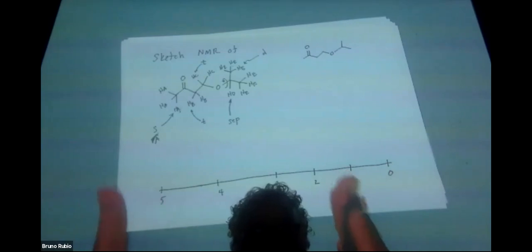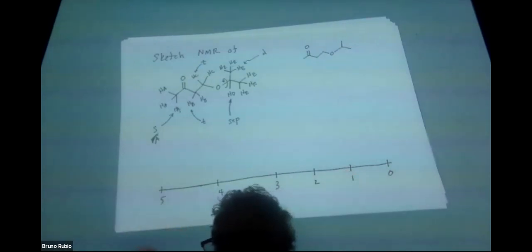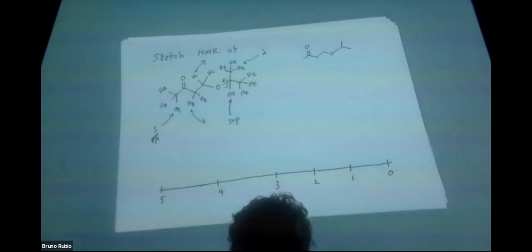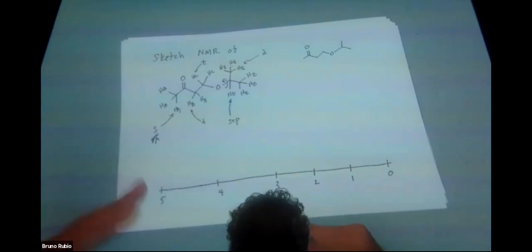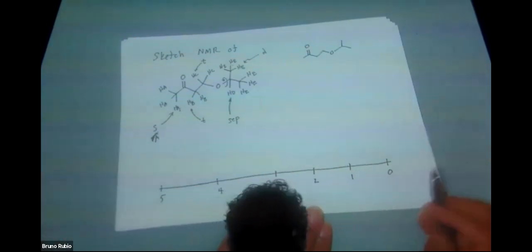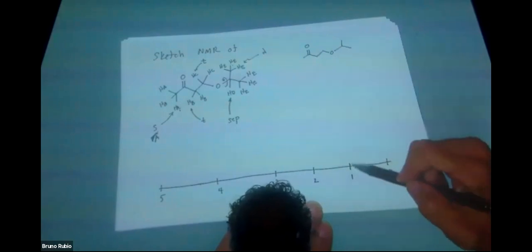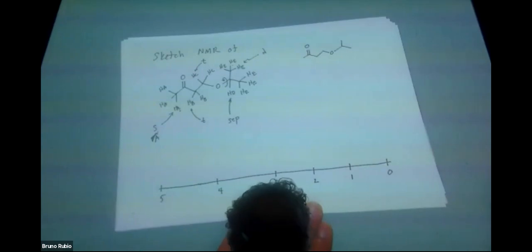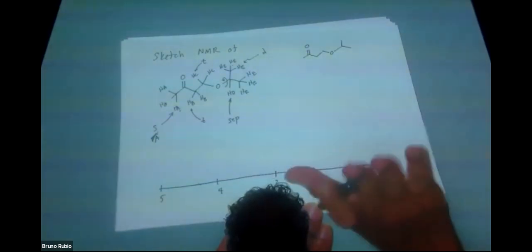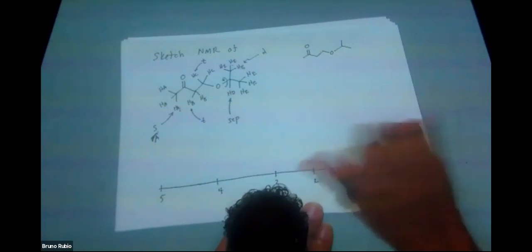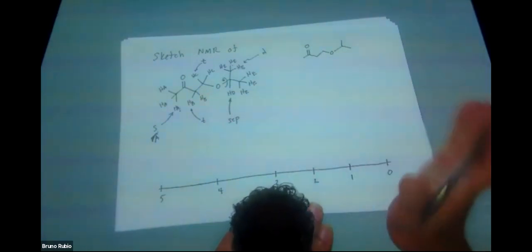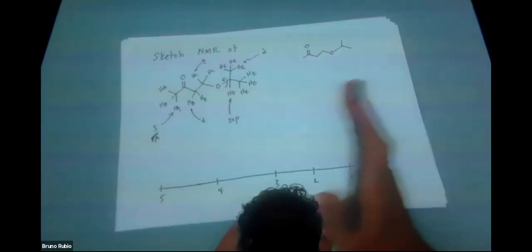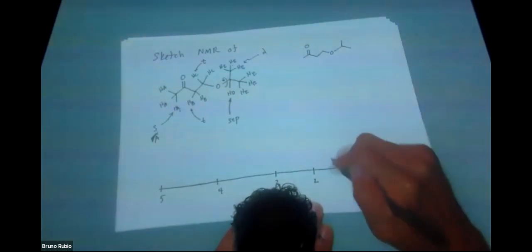That's going to be the most upfield signal. So it's going to be a doublet. And I have memorized all of these chemical shifts. You would be looking at a table. And that table is going to say the ppm of this doublet is going to be about 1 ppm. I'll explain how to use that table later, but just for now, I'm just trying to develop a feeling for the chemical shift.